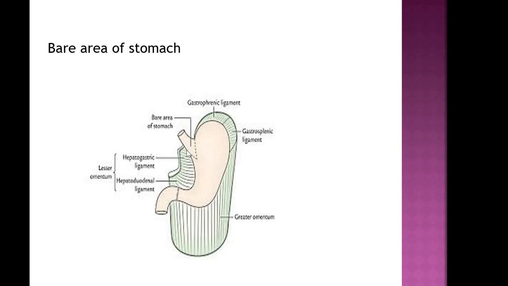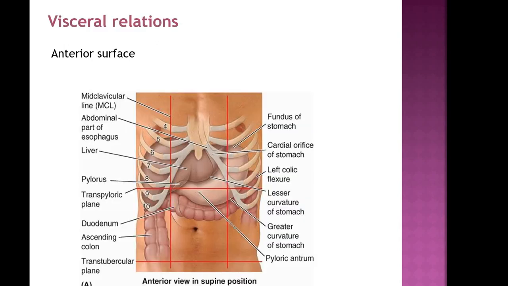Then the part of the stomach on the posterior aspect, proximal to the attachment of the gastrosplenic ligament, is in direct contact with the diaphragm, and it is called the bare area of the stomach. The stomach is mostly covered by peritoneum.